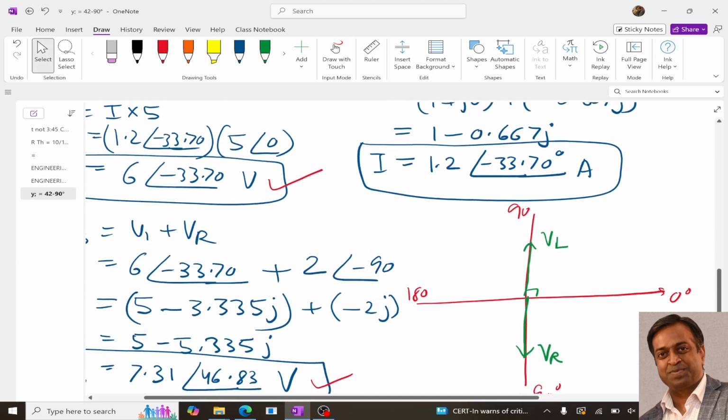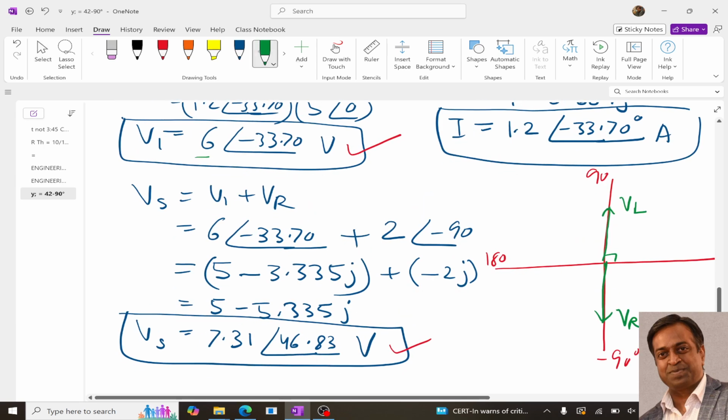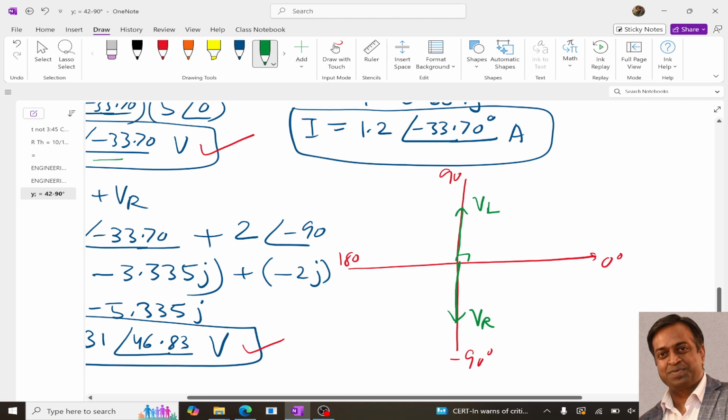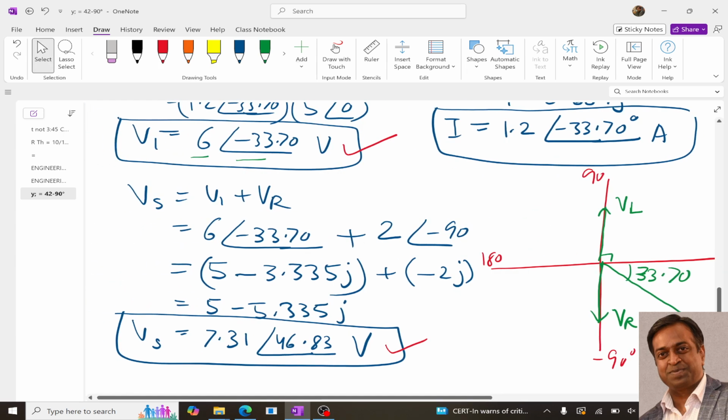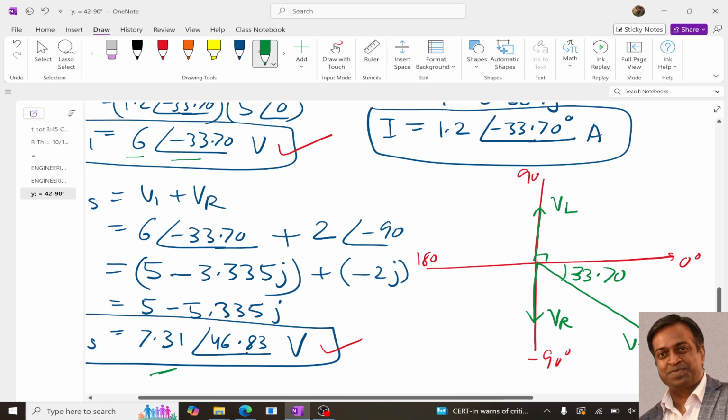Then after that V1 and V2. V1 is 6 with angle minus 33.70, so it will be somewhere over here. So this is V1, angle is minus 33.70. And then we need to draw Vs. Vs is 7.31 at angle 46.83 degrees, so it will be something like this, the longest one.